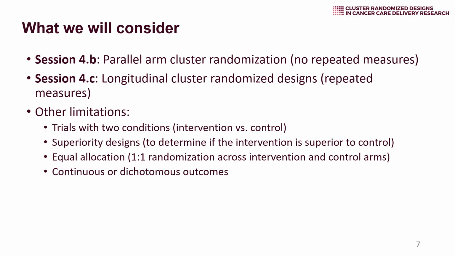We're also going to limit ourselves to superiority designs, that is, situations where we're trying to determine if the intervention is superior to the control. We're also going to restrict our coverage to designs that have equal allocation, by which we mean one-to-one randomization to intervention and control arms, and we're going to consider continuous and dichotomous outcomes.